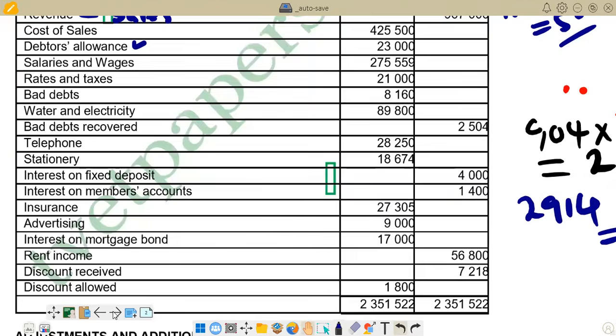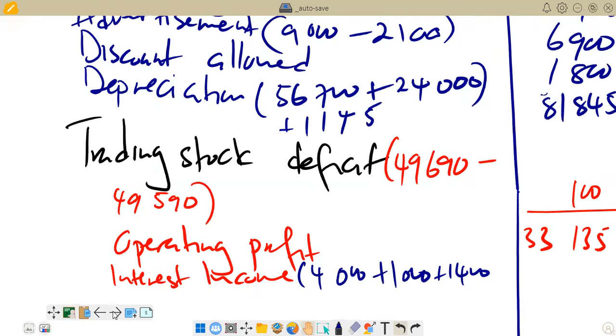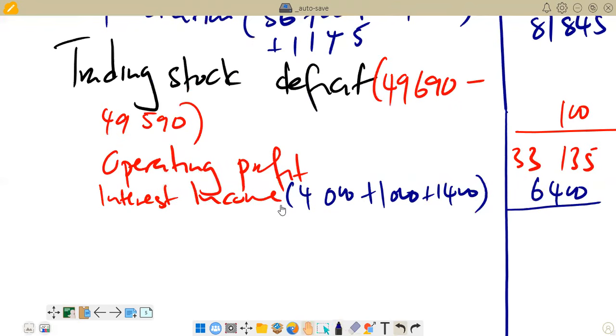So go back there. So here, if you add those, you get 6,400. Then we add our interest income to the operating profit figure.